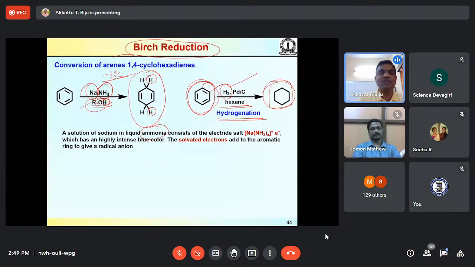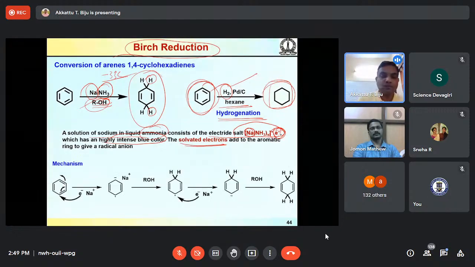So this combination will lead to the formation of an electride salt, a salt of sodium ammonia with a free electron, which is donated by the metallic sodium. This leads to an intense blue colored solution, and this is otherwise known as a solvated electron. That electron eliminated from sodium will be available for addition across various compounds. So this electron can freely add to an aromatic system.